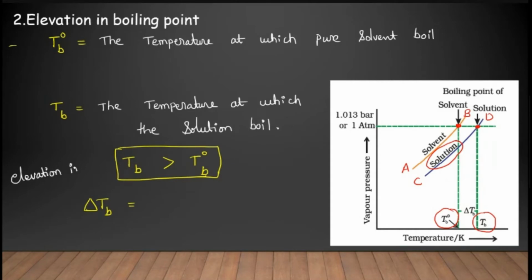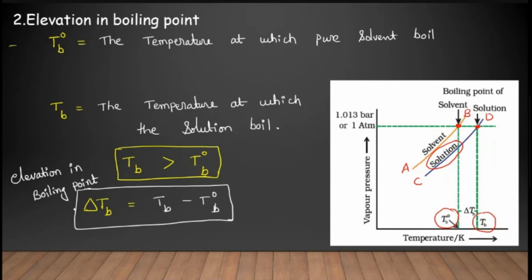So TB minus T naught B is nothing but elevation in boiling point.